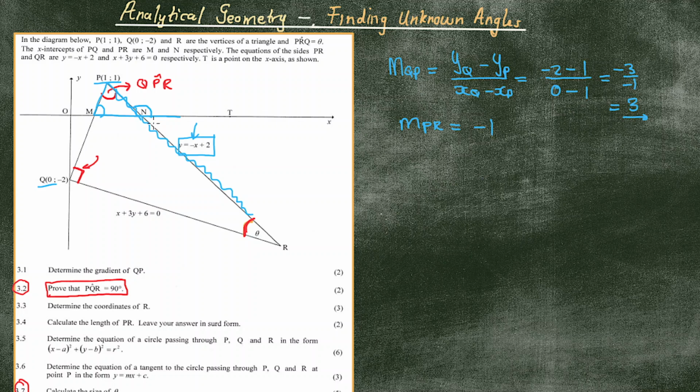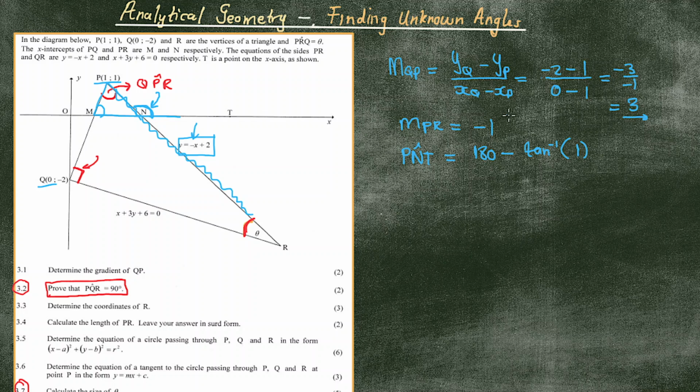Okay, so let's calculate the first angle, PNT, this angle, the exterior angle. So angle PNT is equal to, since we have a negative gradient on line PR, 180 minus tan inverse of 1.